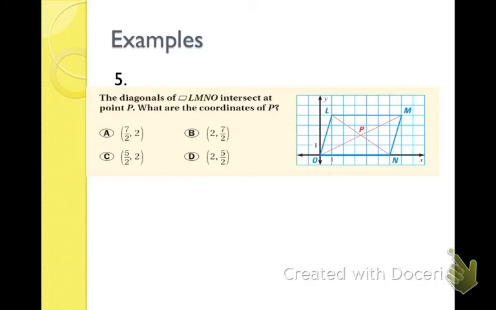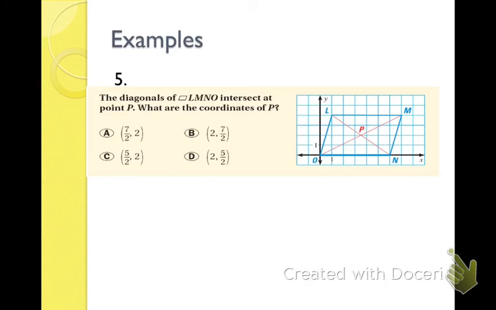P is a midpoint. So we have to find the coordinates of P. If we know the coordinates of L and N, I can do the midpoint formula, right? The average of the x values, the average of the y values.